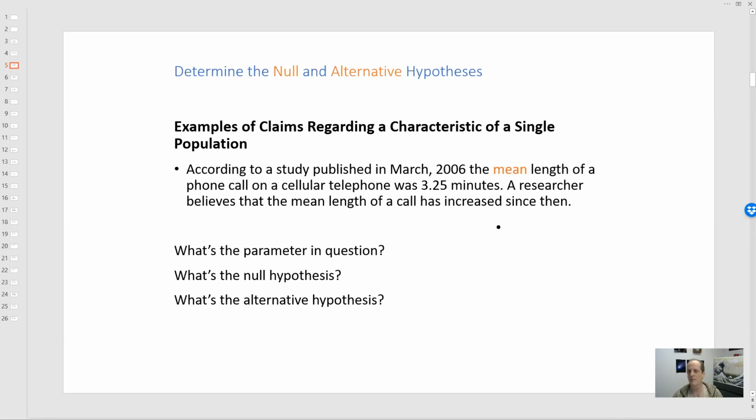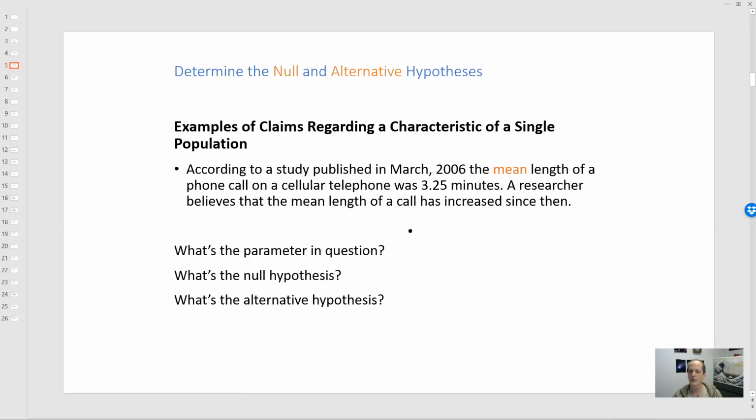Now, this is something that could be quite dynamic because all the cell phone companies are offering all these different plans, and so as the new plans kick in, people might be willing to not pay attention as much to how long their calls are and not worry about it. And this could increase. So a researcher believes that the mean length has increased since then.